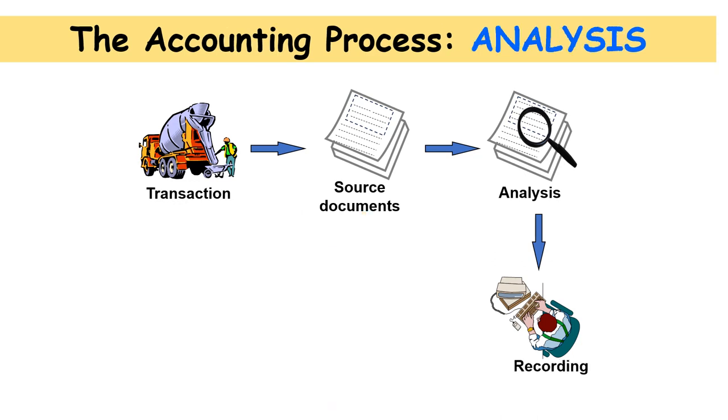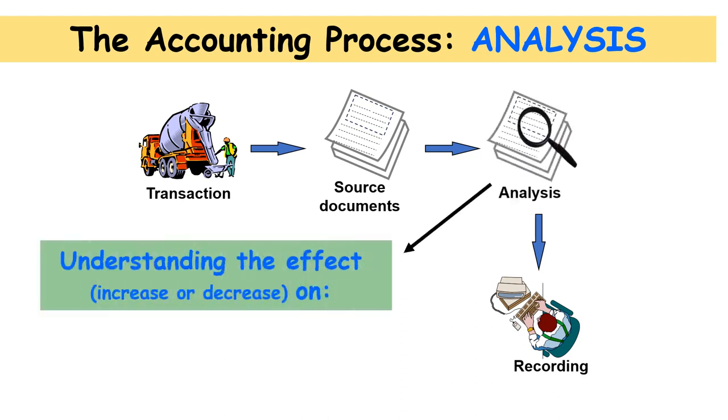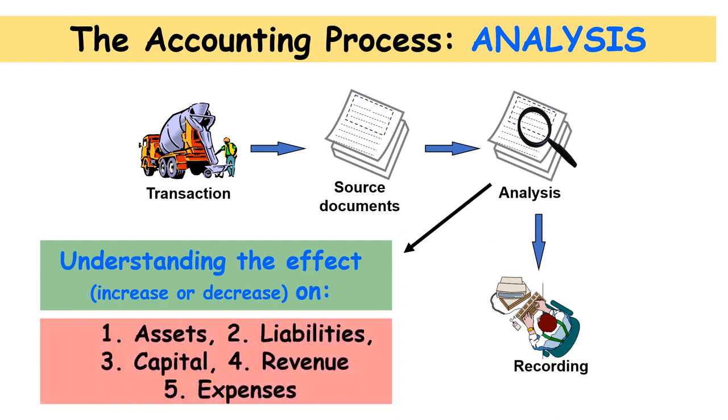Now, these source documents are analyzed by the accountant to understand the effect of the transaction on 5 things. So the accountant will be looking at whether these 5 things increased or decreased. As a result of the transaction, did assets, liabilities, capital, revenue, and expenses increase or decrease?